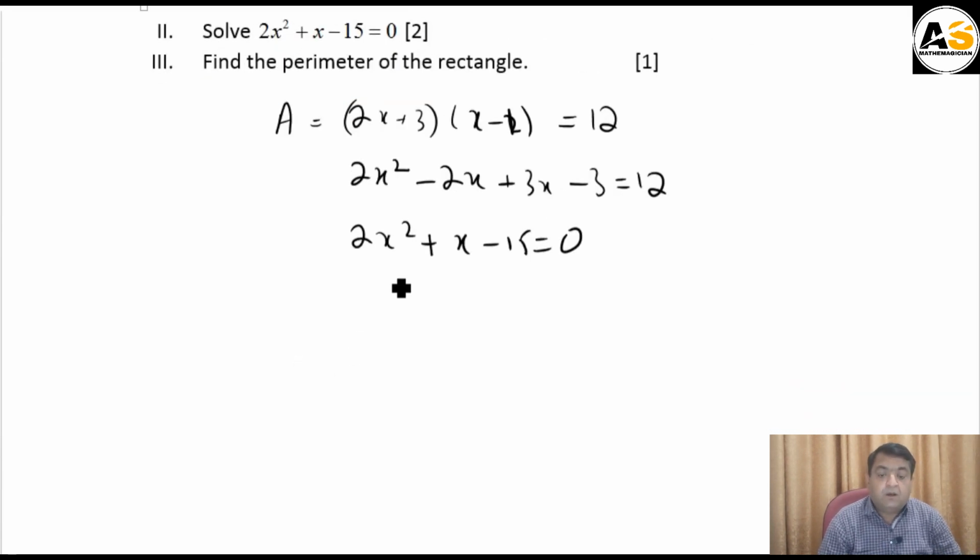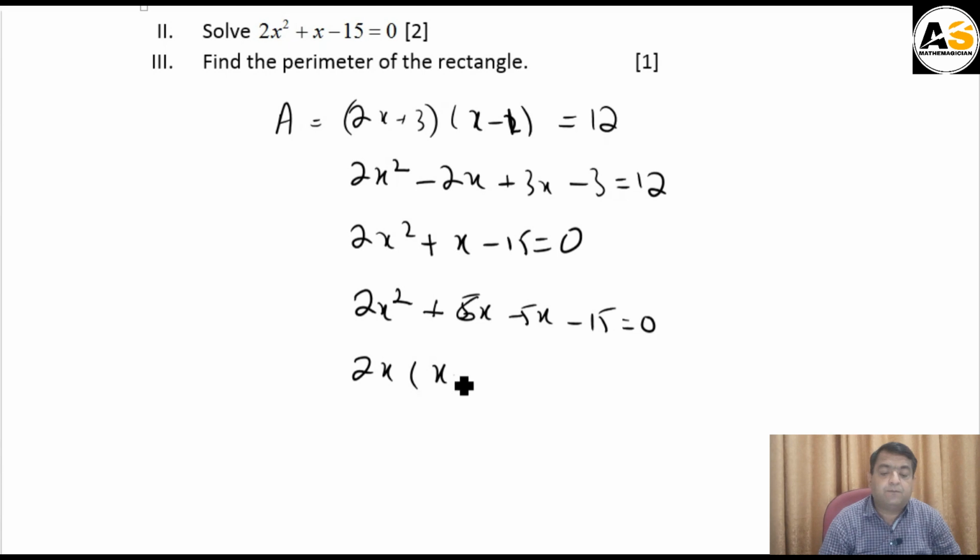Okay. For part 2, I will solve this equation, and for that I will divide the middle term into two parts, which will be plus 6x minus 5x. Minus 15 is equal to 0. There is 2 and x common in the first two terms.